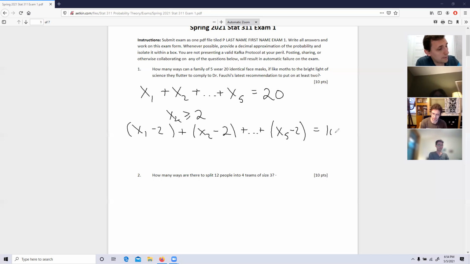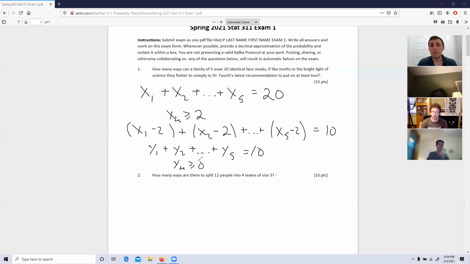So altogether then I have 10. You agree? So then we have the situation where we have the summation of y1 plus y2 plus all the way to y5 equal to 10, where in this case yk has to be bigger than or equal to 0.